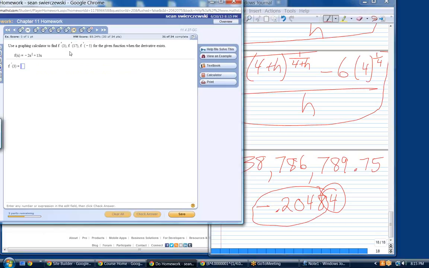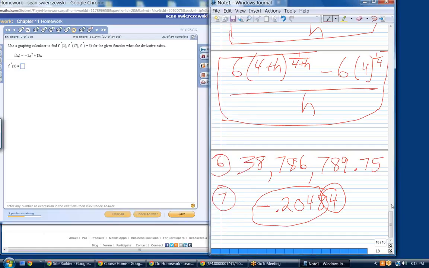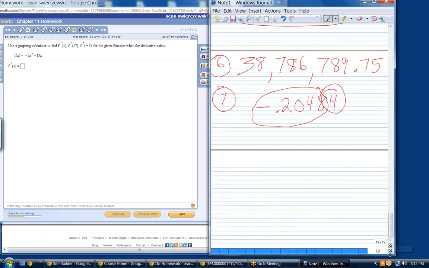Yeah. All right. Using a graphing calculator to find f prime of 3, f prime of 17, for the given function when the derivative exists. Good. We can knock this out quickly because it's such an easy function to apply the power rule on. So tell me what the f prime of x is.